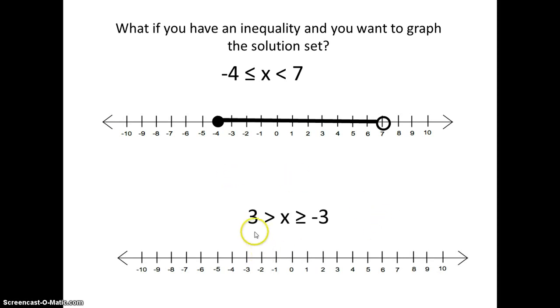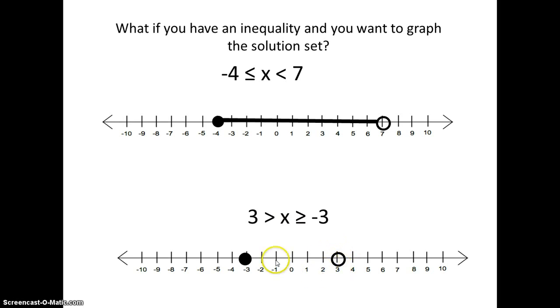Another example is 3 is greater than x, and x is greater than or equal to -3. Again, we put the two end numbers on the number line, -3 and 3. The solid dot goes to the -3 because x is greater than or equal to -3, and it is an open dot because 3 is greater than x.